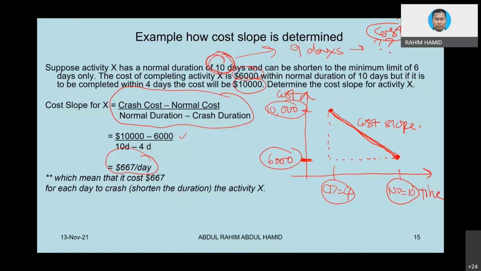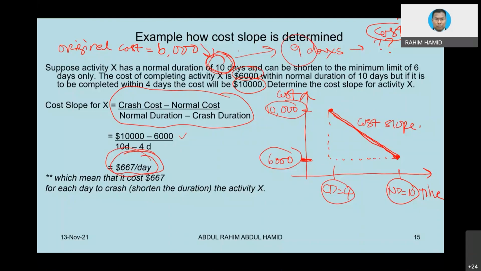So the original cost is equivalent to 6,000 for 10 days. If you want to crash the project by an additional 1 day, meaning you want to complete in 9 days only, you need to add additional cost. And how much is that additional cost? Per day is 667.